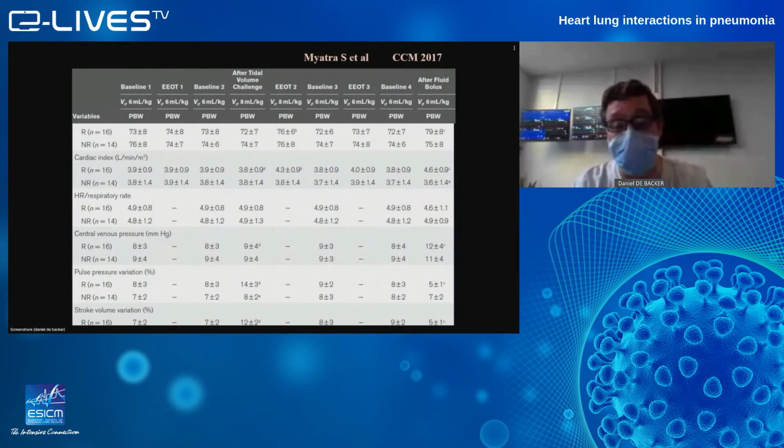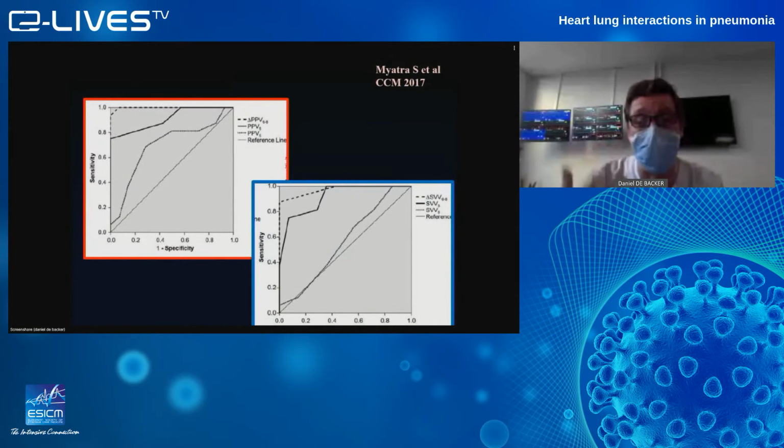But for the prediction, it was not just increasing the tidal volume from 6 to 8, but mostly looking at the changes from 6 to 8. As we can see here, the changes in pulse pressure variation from 6 to 8 markedly predicted the response to fluid, much more than just looking at the individual values at 6 or 8 in these patients.